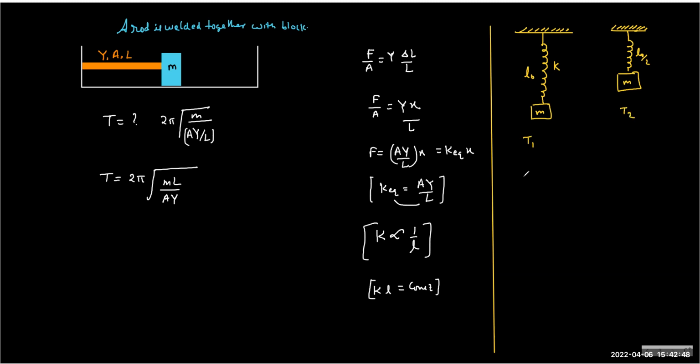So here the situation is the spring is cut into two halves and the block is suspended from it.